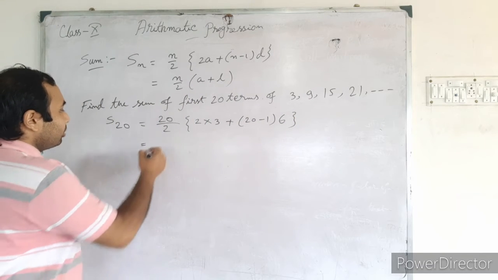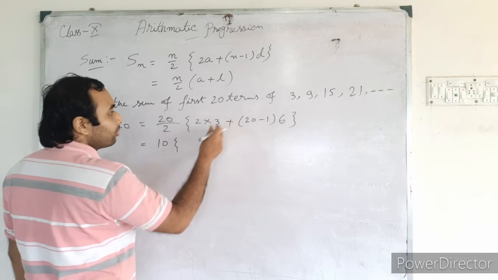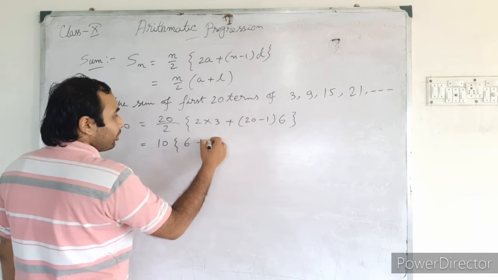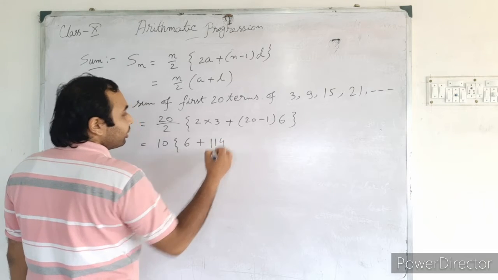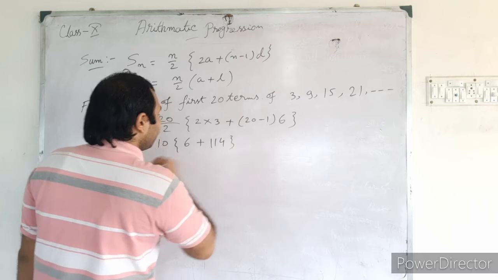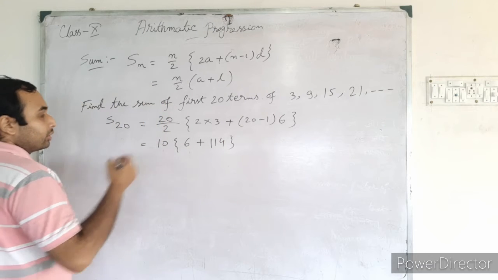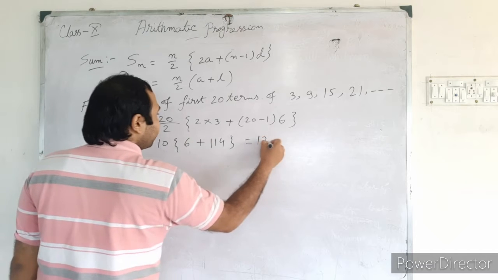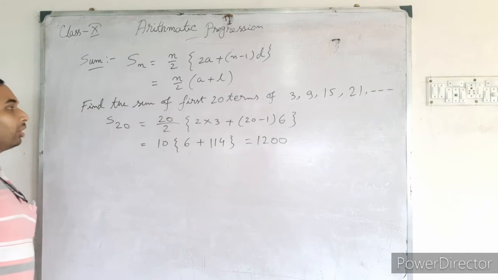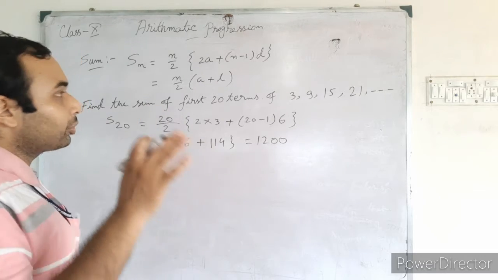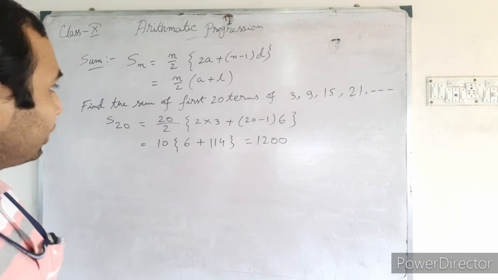It is 6, then 114, so altogether it is coming 120 into 10, so 1200. It is the sum of the series, not the total series, the sum of the series up to the 20 terms.